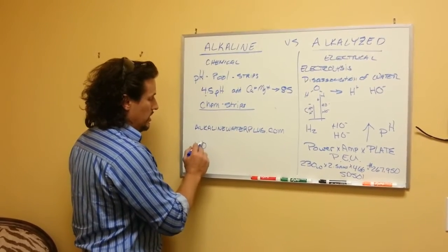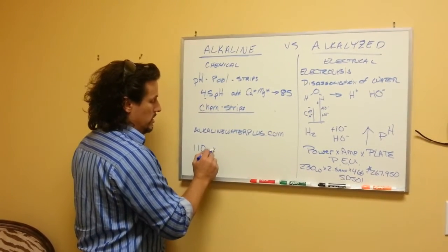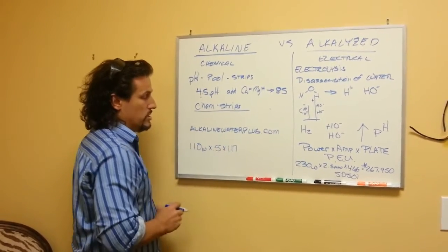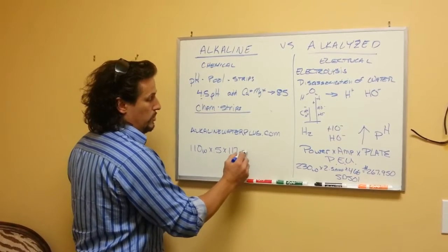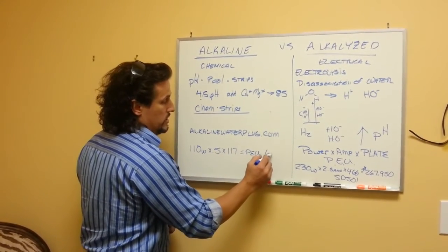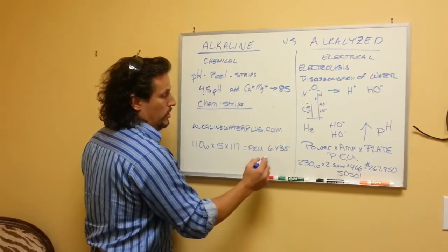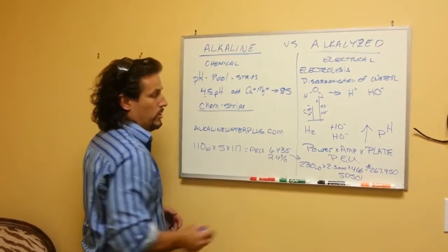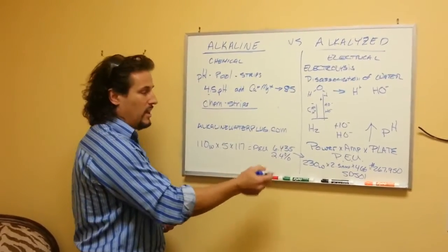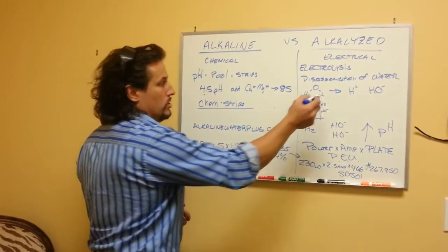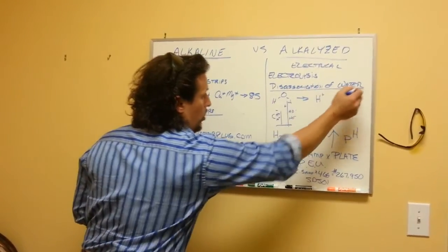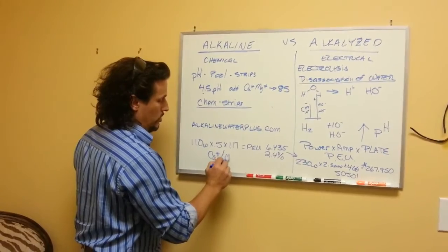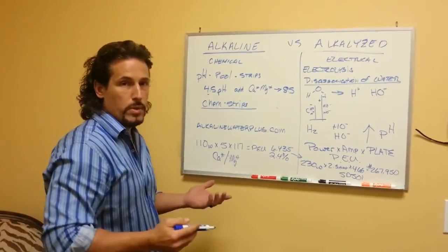Most of the units there have 110 watts times a half amp, and the standard plate size is 117 square inches, which gives you a PEU of 6,435, or approximately 2.4% of this power. Because it doesn't have enough power to create the dissociation of water, they have to add calcium and or magnesium to change the water supply.